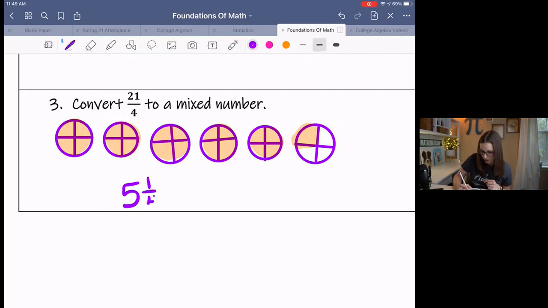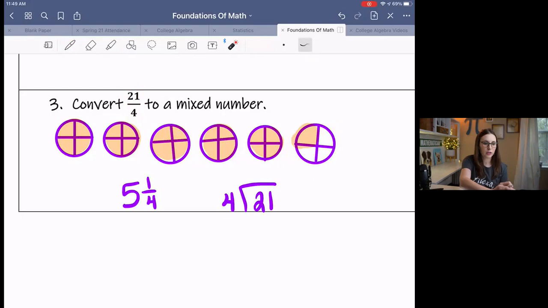So this will be written 5 1/4. So if you're a picture type person, that's how you can envision it, 21/4. If you're more like me and you want to see that mathematically or algebraically, what you're going to do is 21 divided by 4. And how I got that was, this is 21 divided by 4.